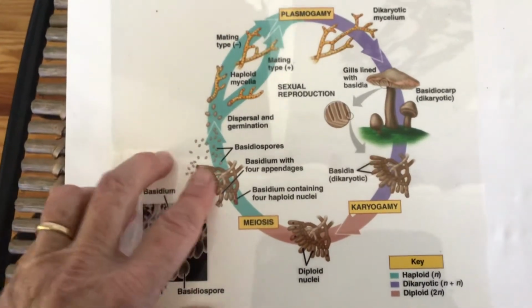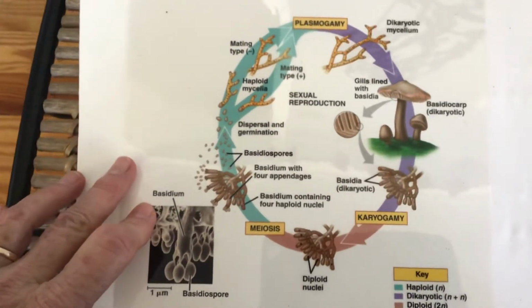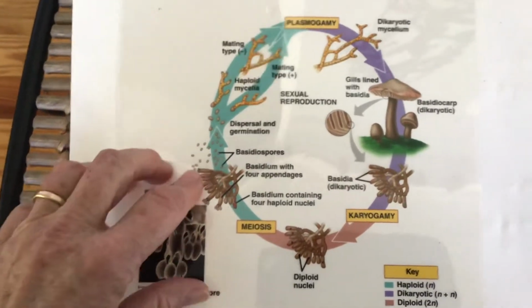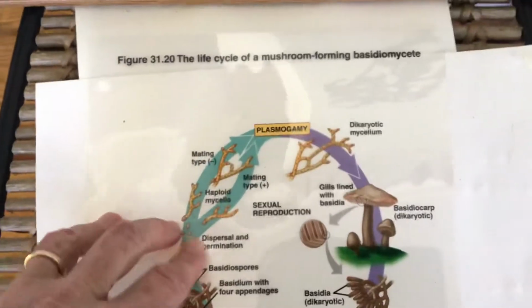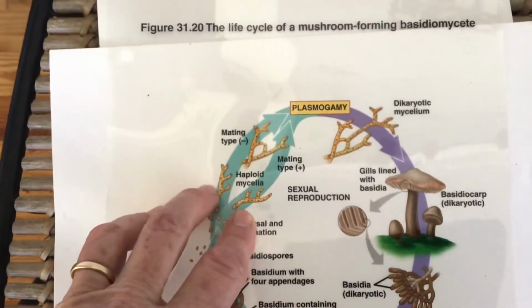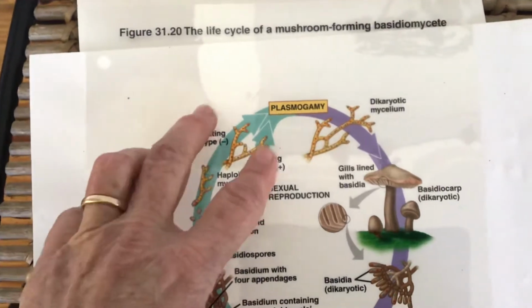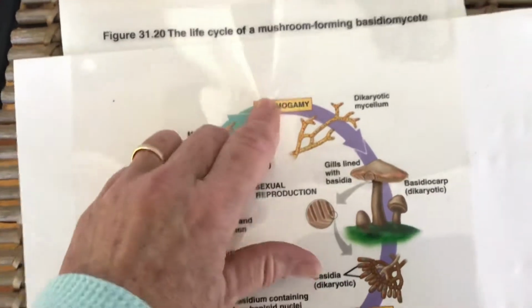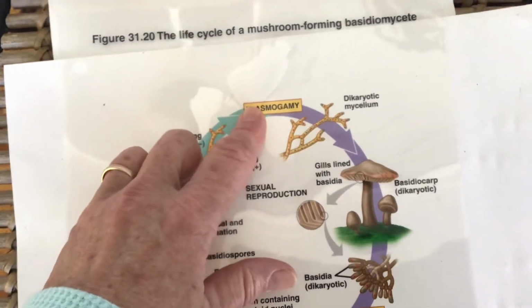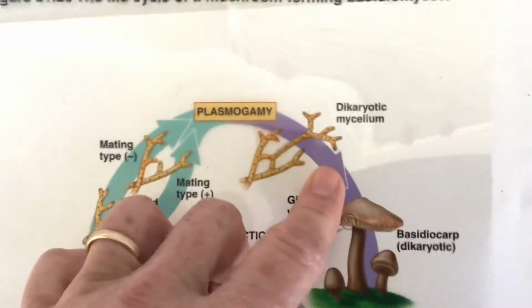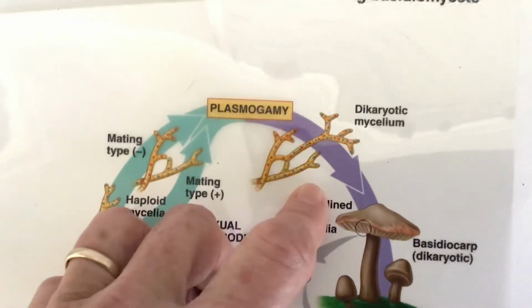Okay, so what is happening here is that the spores are going to drop on the ground and they're going to grow just like normal. All right, and these are also septate, and there will be two mating types, and there will be plasmogamy. That is the cytoplasm will fuse, and you will have these mating types coming together, making a dikaryotic structure.